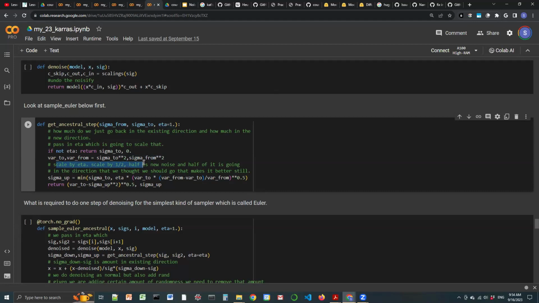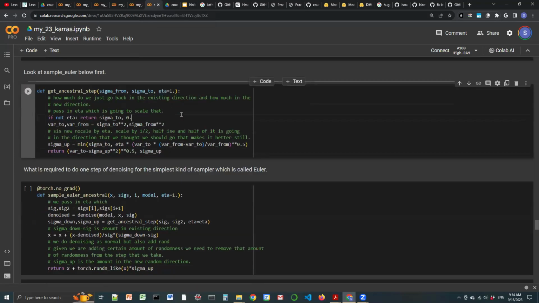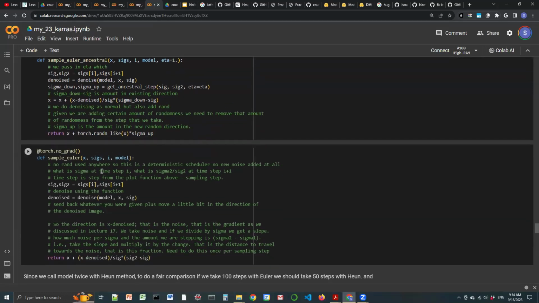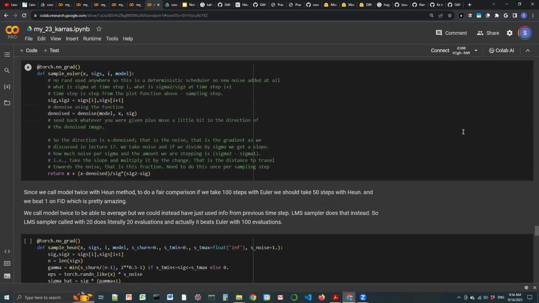If we say eta is 0.5, that means half is new noise and half of it is old. And then here we add a little random amount of noise in the sample. Any questions?